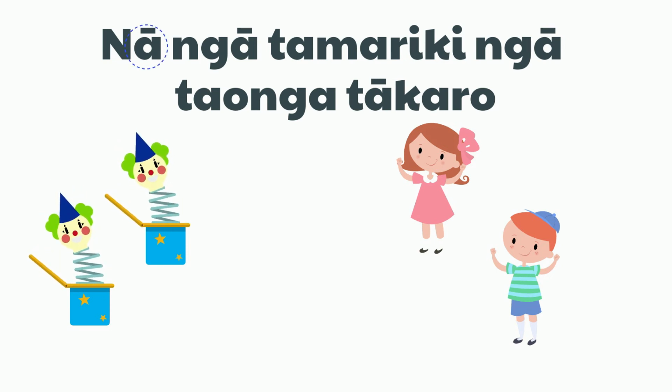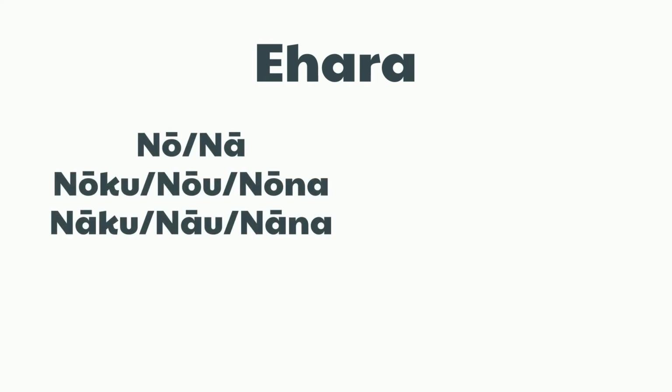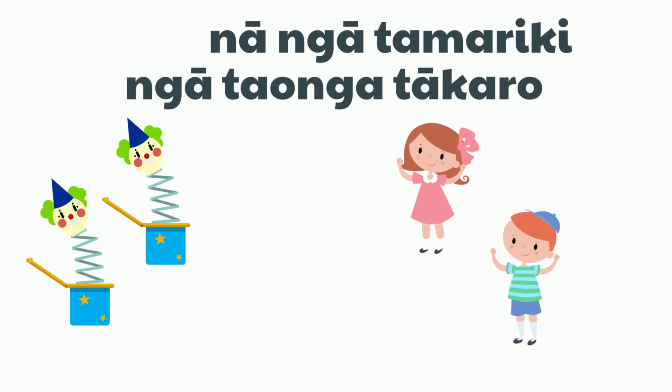To negate these sentences, we put ehara at the beginning, and we replace the nō or nā word with i. Nā ngā tamariki ngā taonga tākaro.